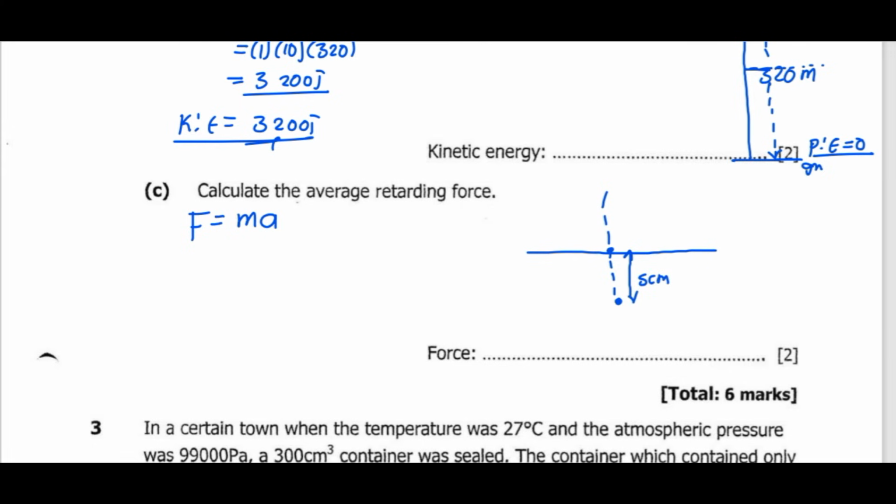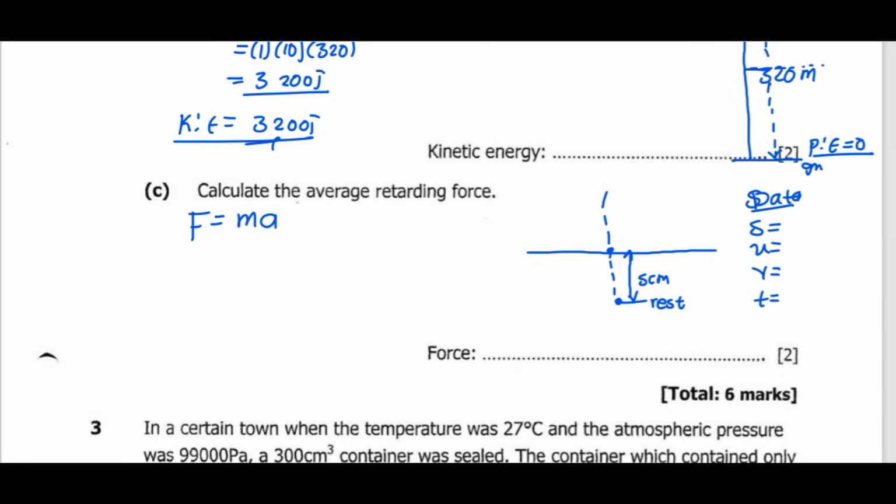So when the stone hit the ground, as it was penetrating, the speed started to reduce until it came to a point where it rested. So at this point, we have now new data. So let's collect the new data.